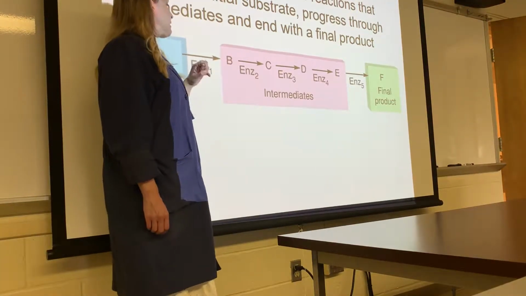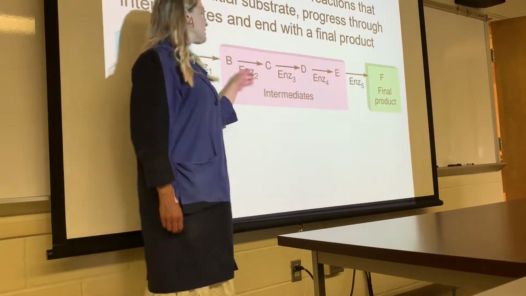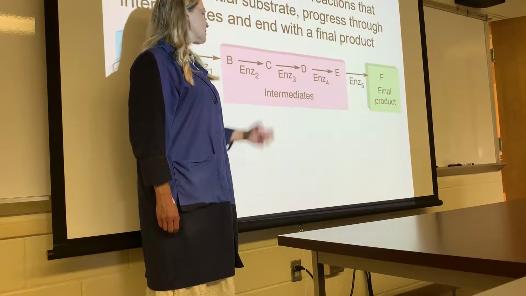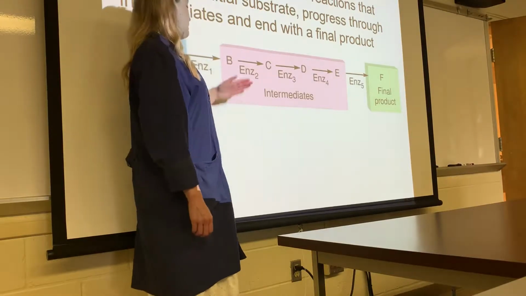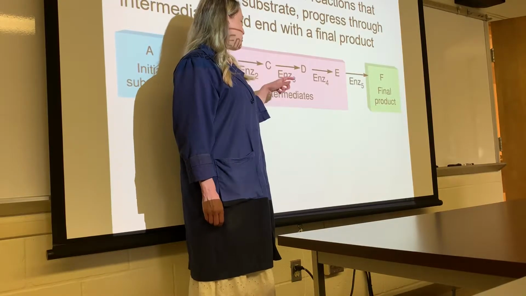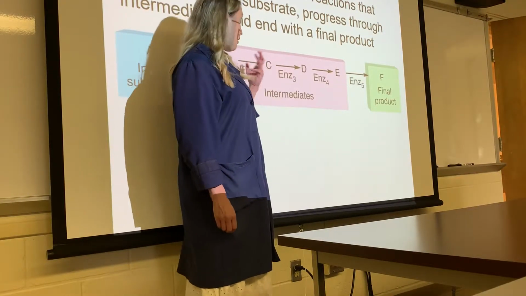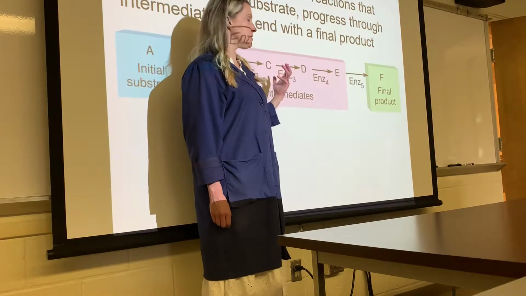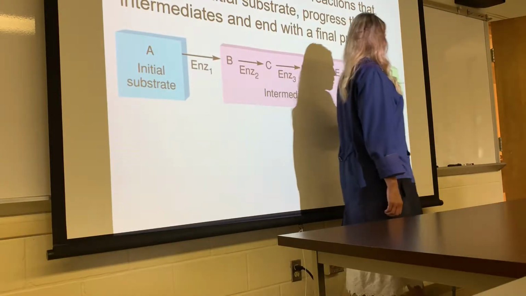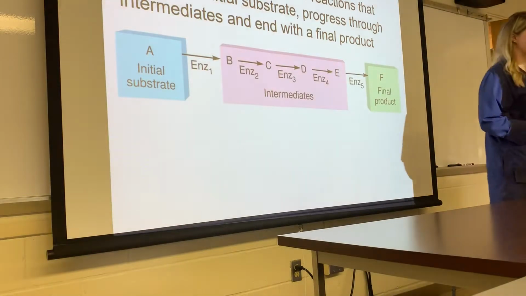It can only work on more substrate A when it comes along. Enzyme 1, its job is finished. Now, product B becomes a substrate for enzyme 2. Enzyme 2 works on substrate B to make product C. Enzyme 2 is done. Product C becomes the substrate for enzyme 3. Enzyme 3 works on product C, or I should say substrate C, to make product D, and so forth and so on until we get to our final product.